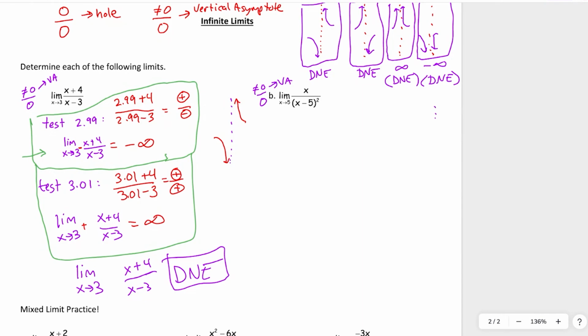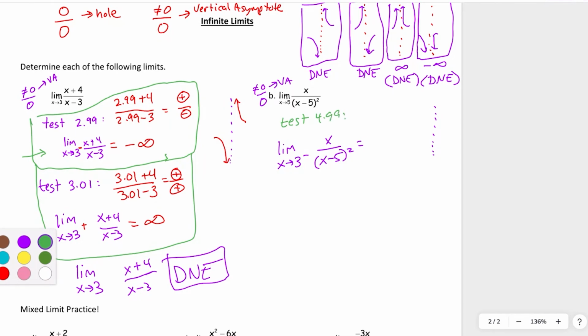All right, so if this is my vertical asymptote, I want to know what's going on the left and the right. So let's find the limit as x approaches 3 from the left. What might be a good number to substitute in here? 4.99.